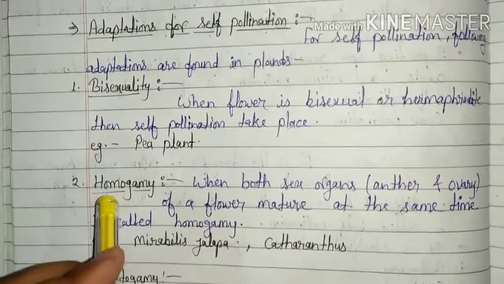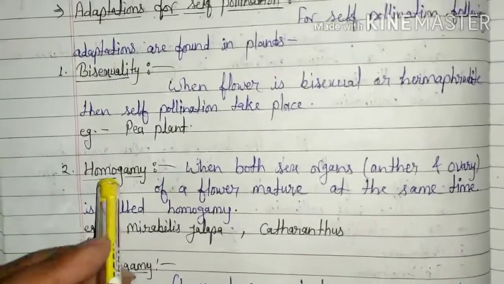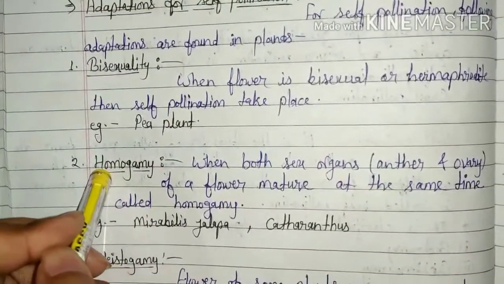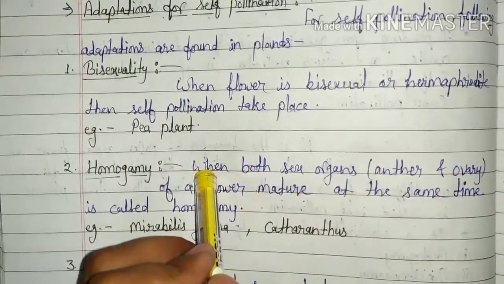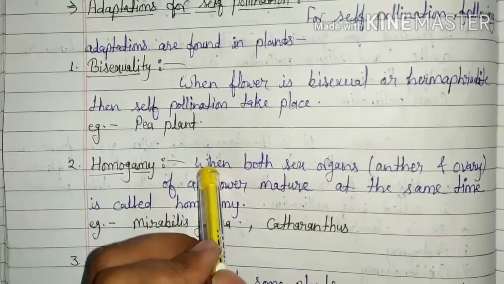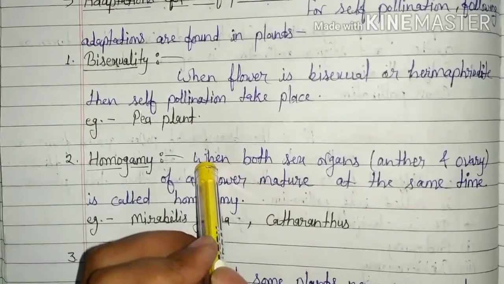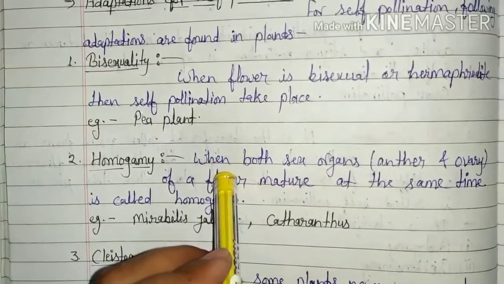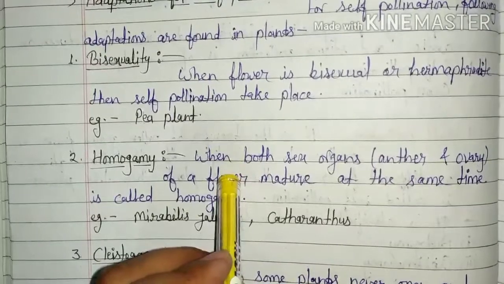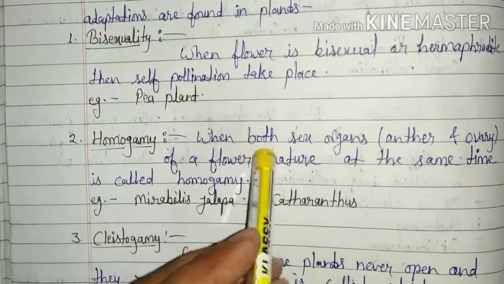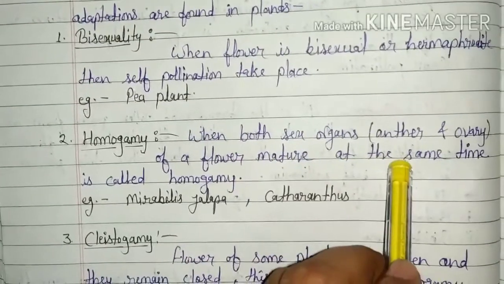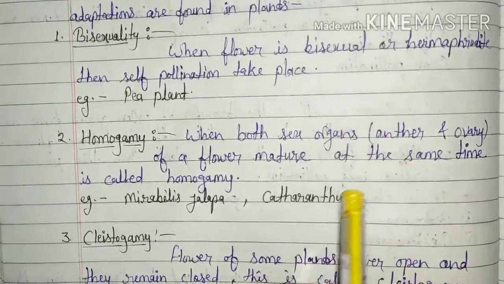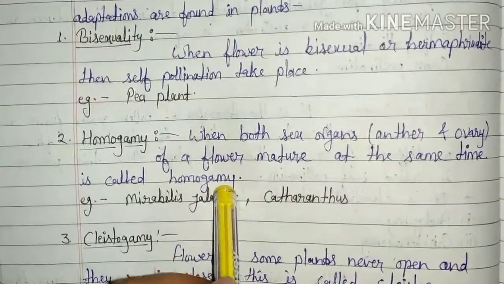The second condition for self-pollination is homogamy. When both sex organs of a flower mature at the same time, meaning the anther and stigma part of a flower mature at the same time, it is called homogamy.